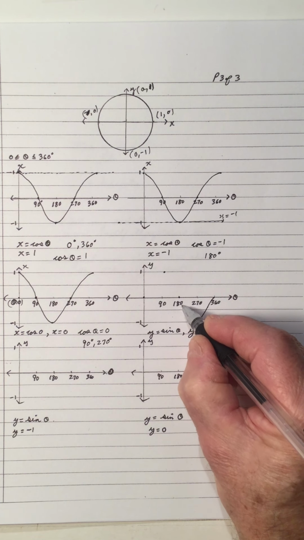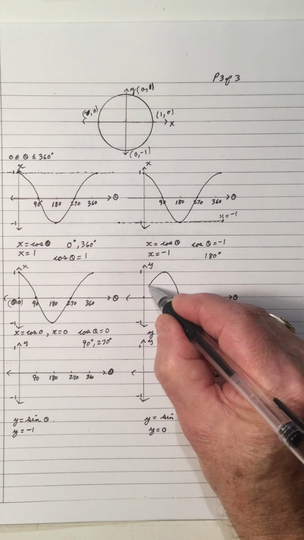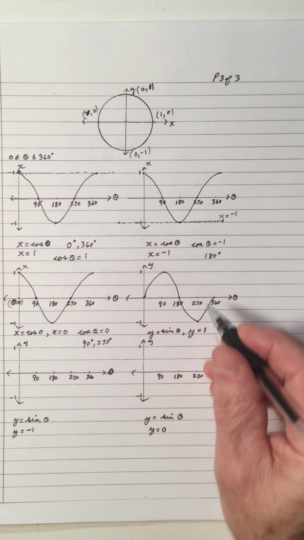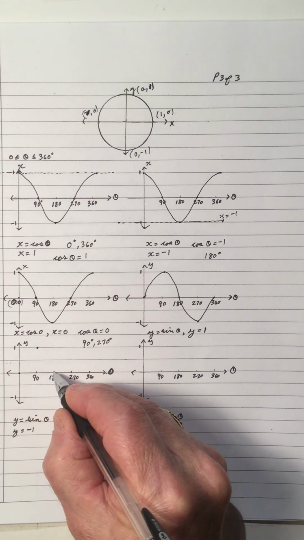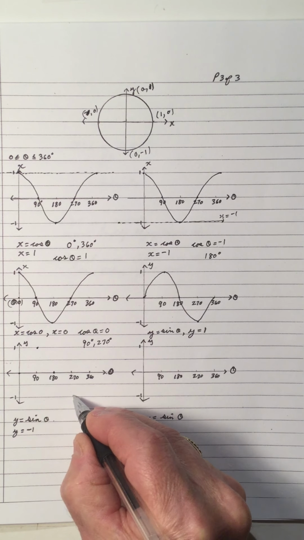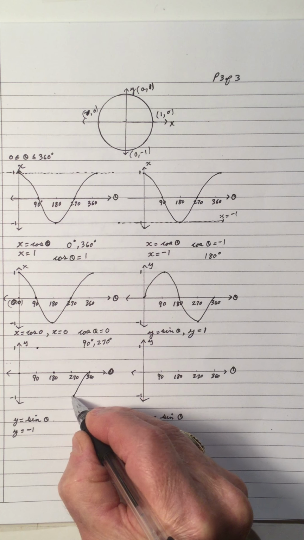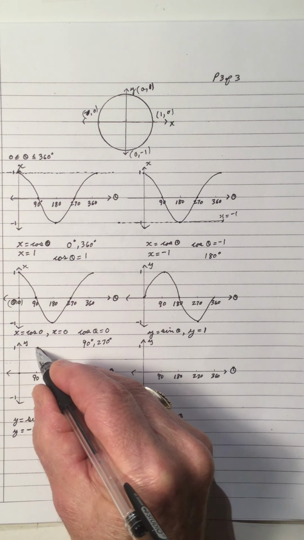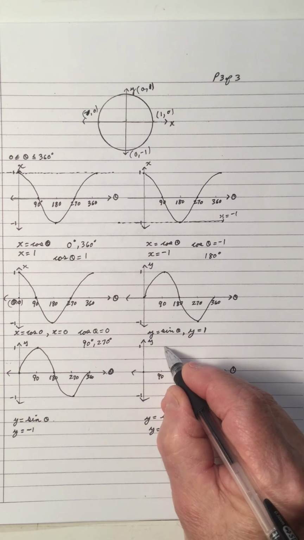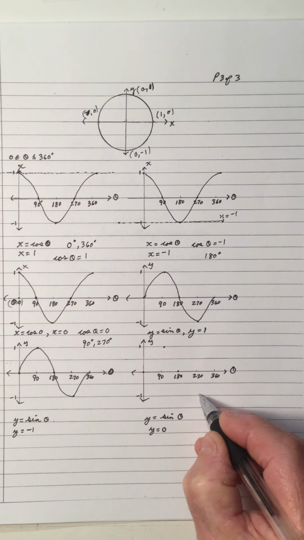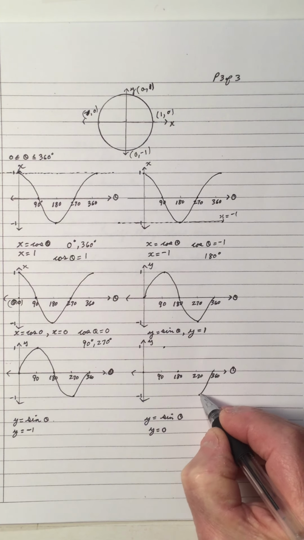So the sine graph is a sideways S, starting off at 0. That's the pattern for y equals sine theta: 0, 1, 0, negative 1, 0.